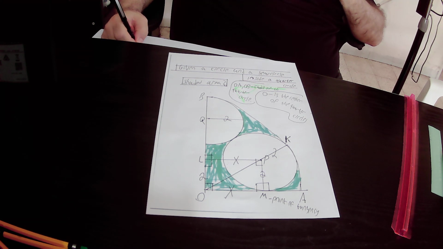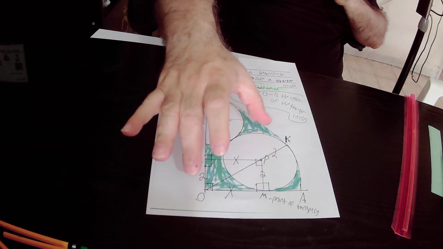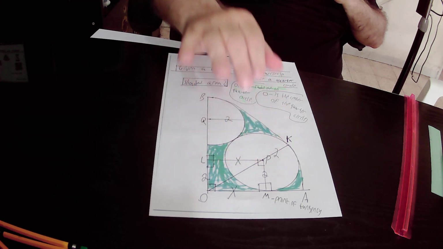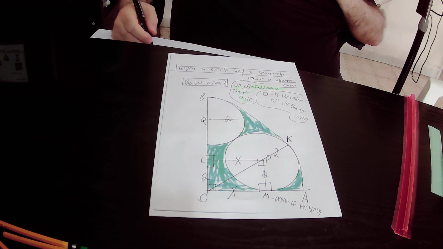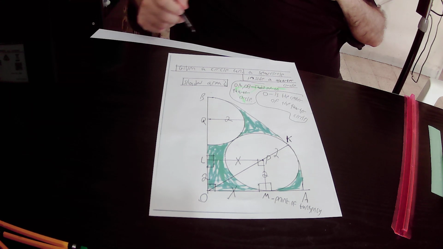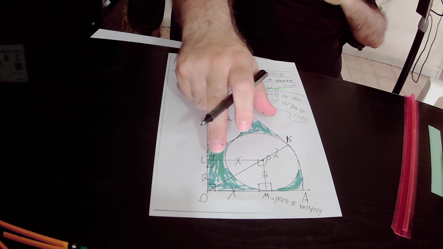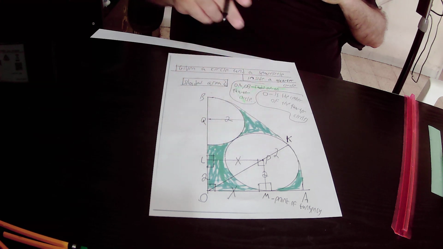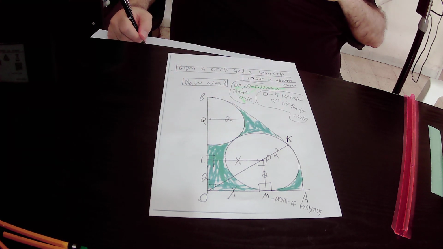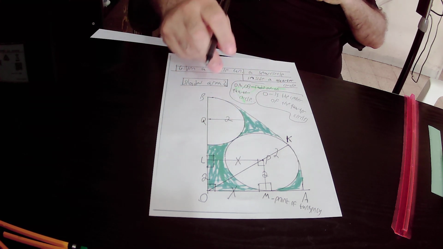So PO equals KO, and KO is the radius of the quarter circle, capital R, minus KP.